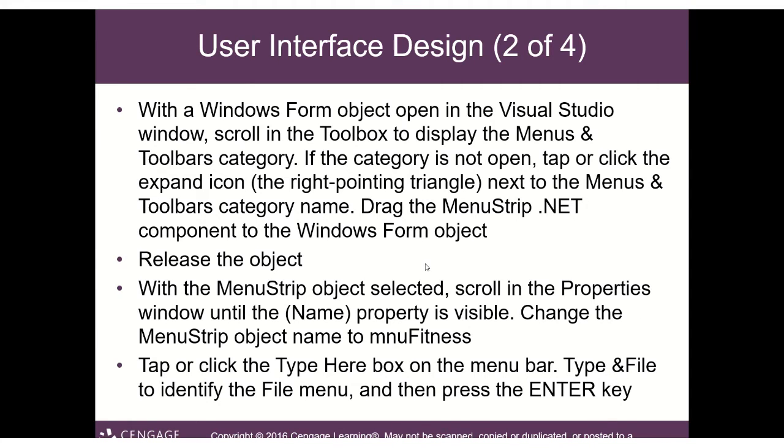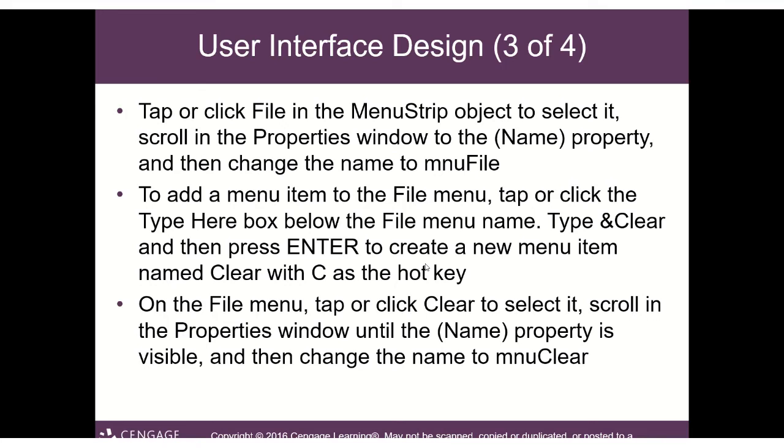So that's how it moves on. So tap or click in the menu strip object to select it, scroll in the properties window to the name property, and then change the name to whatever name you want. In this case we have used a menu file, but you don't have to use exactly the same thing.